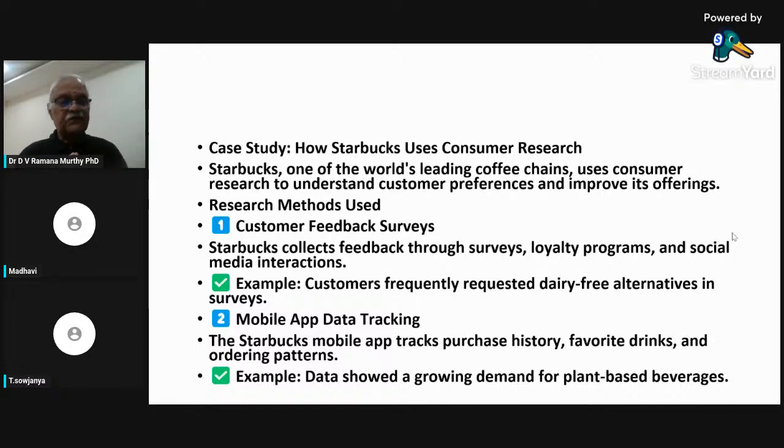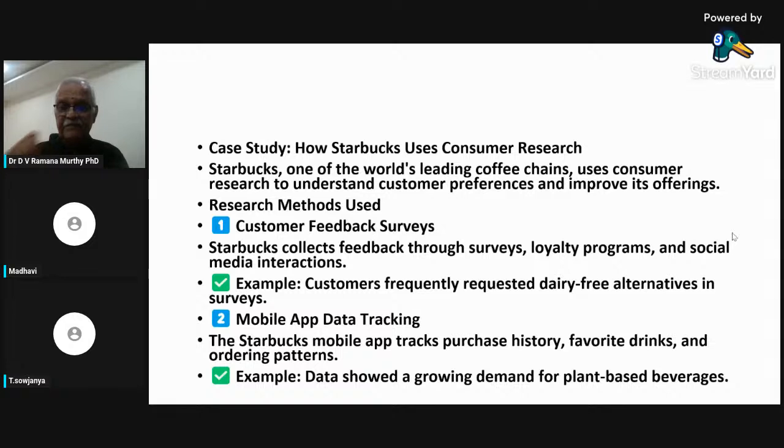Second, they also collect data from the mobile app. They have a mobile app and the mobile app data will also be tracked. That means the Starbucks mobile app tracks the purchase history, how many times people go and buy Starbucks, what are their favorite drinks, what are their ordering patterns, how often they order, what are the timings they order, all these things. And when they are using mobile app data tracking, the data showed a growing demand for plant-based beverages.